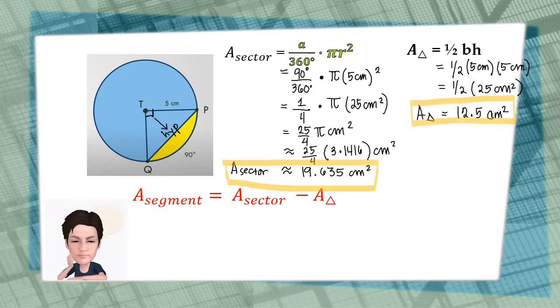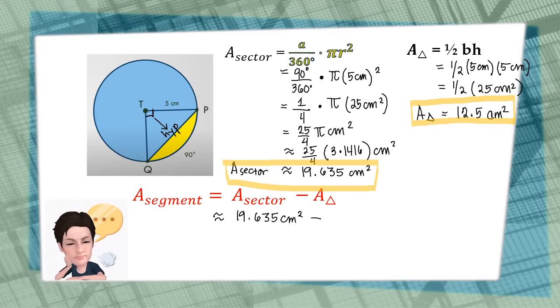So we have this. Now we are going to proceed with substitution of all the areas that we've got. For the area of the sector, we have approximately 19.635 centimeters squared, minus the area of the triangle that we've got, 12.5 centimeters squared.